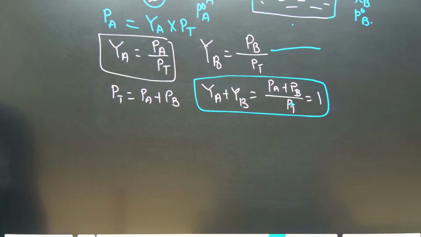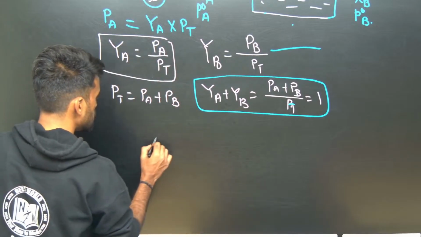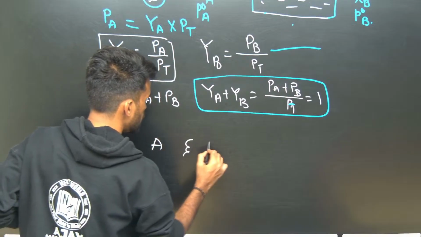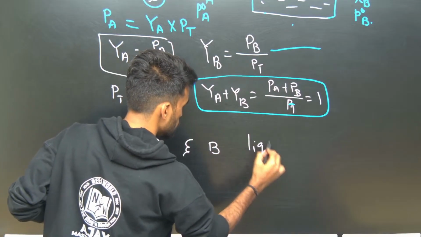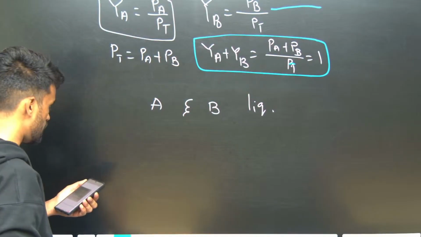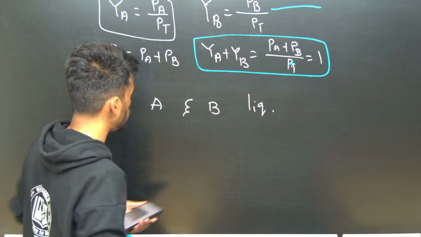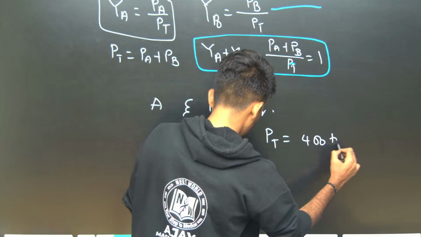So here is a question for you. Two liquids A and B are the two liquids I have. These two liquids form ideal solutions at a temperature T. The total vapor pressure above the solution, P total, is 400 torr.